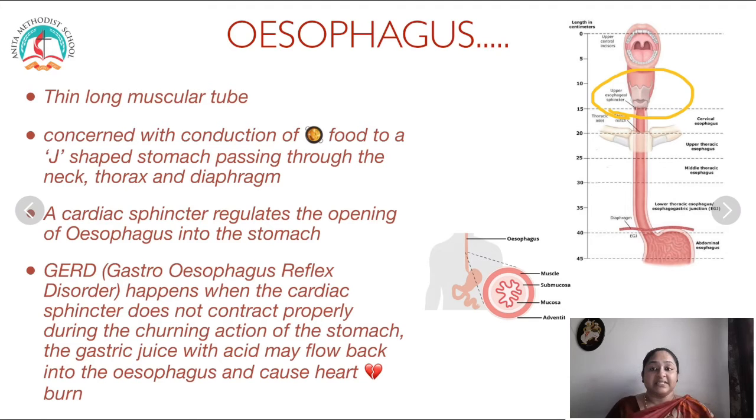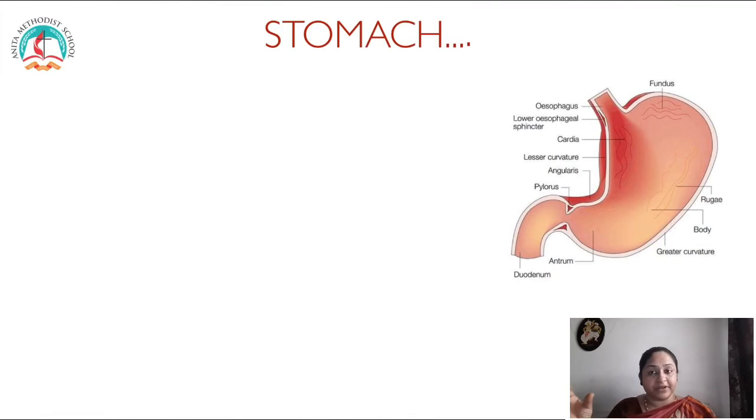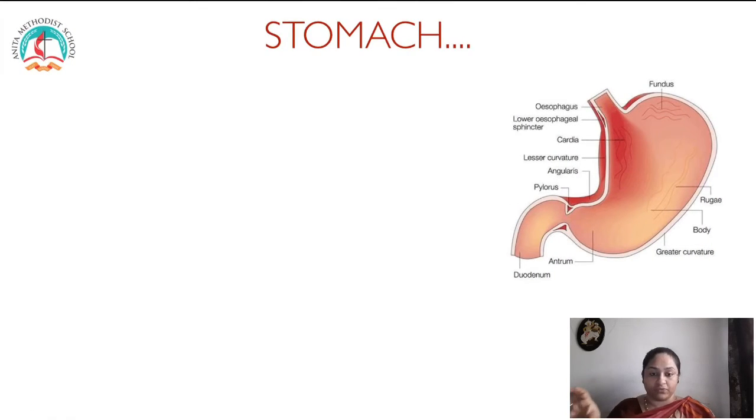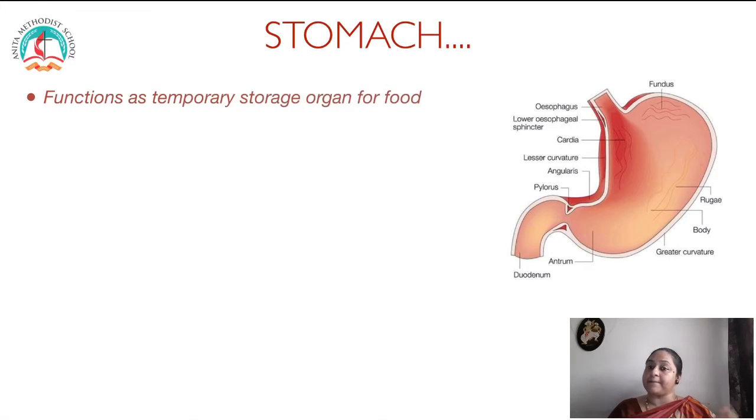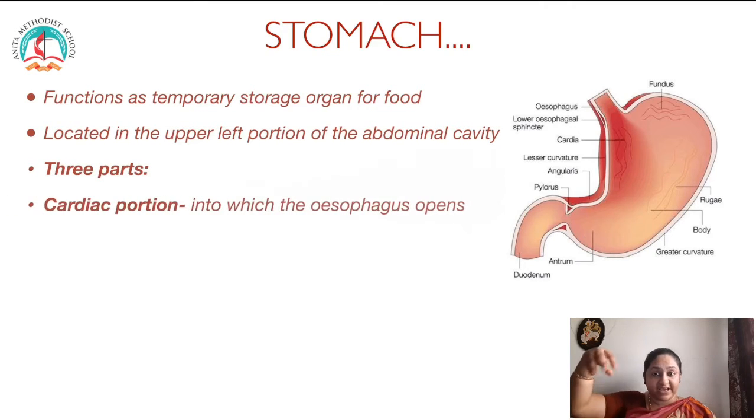Okay. Then the food goes to the stomach. The stomach functions as a temporary storage organ for food. It is located in the upper left portion of the abdominal cavity. And the three parts of the stomach are the cardiac portion, into which the esophagus opens.